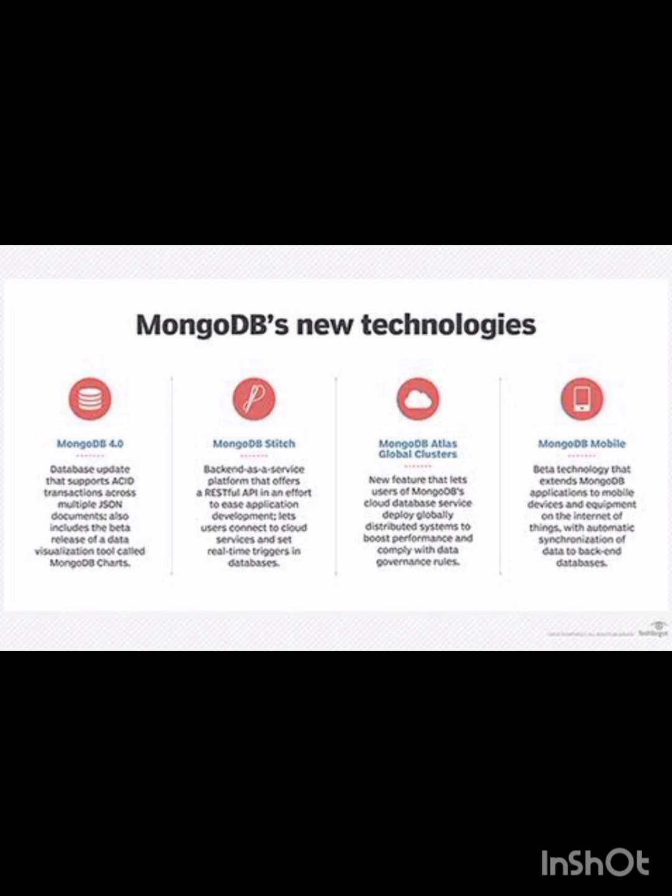Then MongoDB Atlas Global Clusters, a new feature that lets users of MongoDB's cloud database service deploy globally distributed systems to boost performance and comply with data governance rules. Then MongoDB Mobile, a beta technology that extends MongoDB applications to mobile devices and equipment on the Internet of Things, with automatic synchronization of data to backend databases. So this is all about MongoDB's new technology.